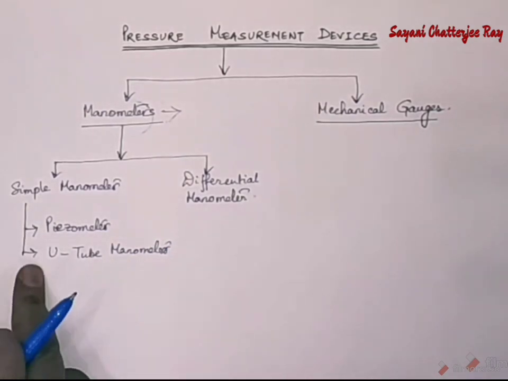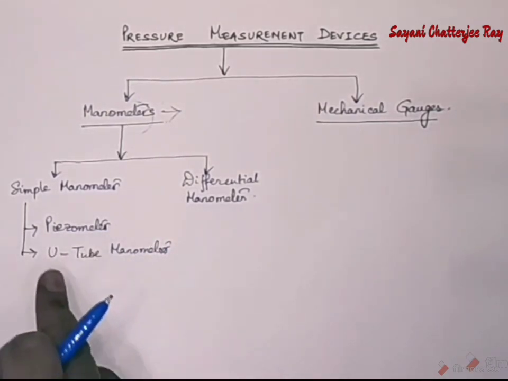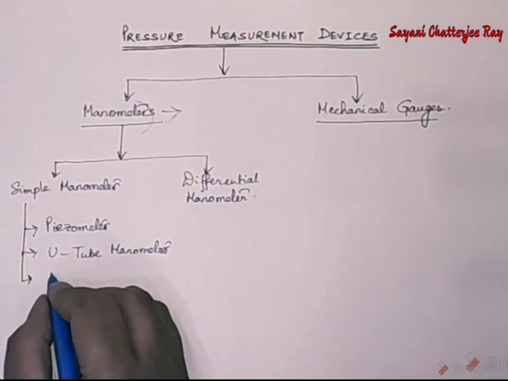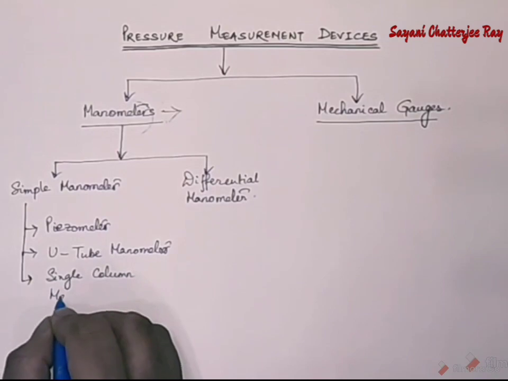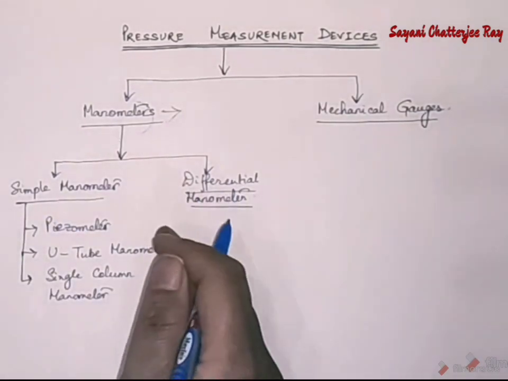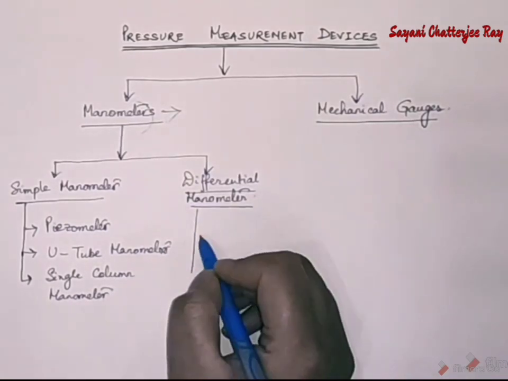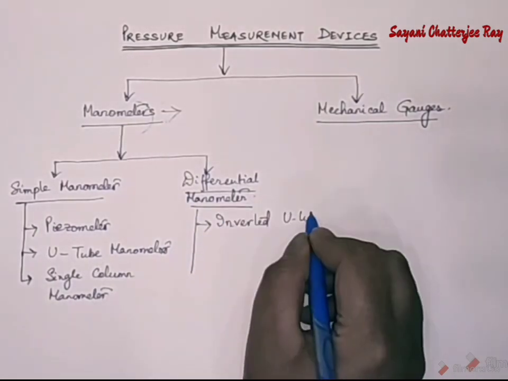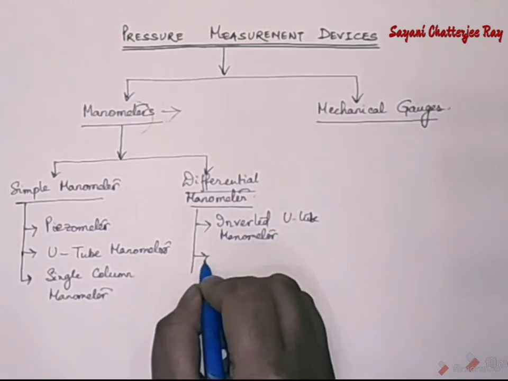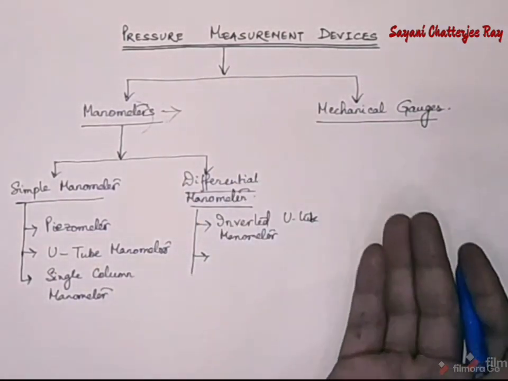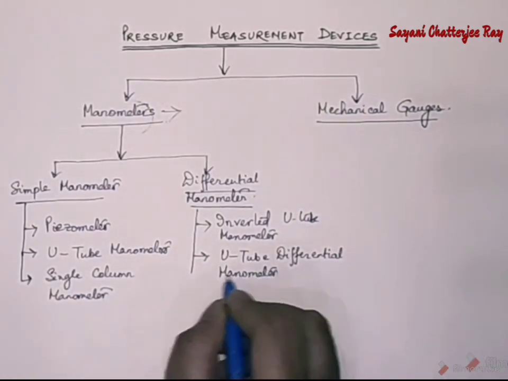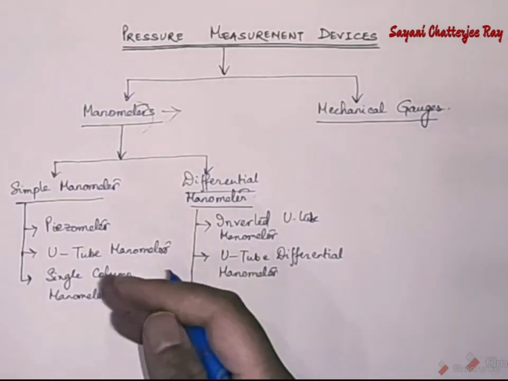The name comes from the U-shaped tube of this manometer. And the last one is a single column manometer. Differential manometers are also classified into three types: an inverted U-tube manometer, a U-tube differential manometer, and the third one is a micromanometer.